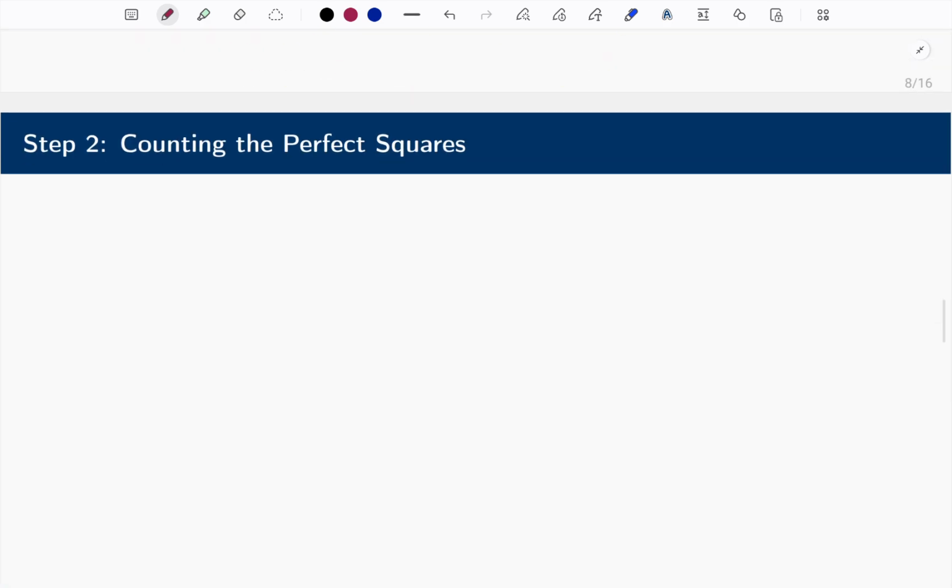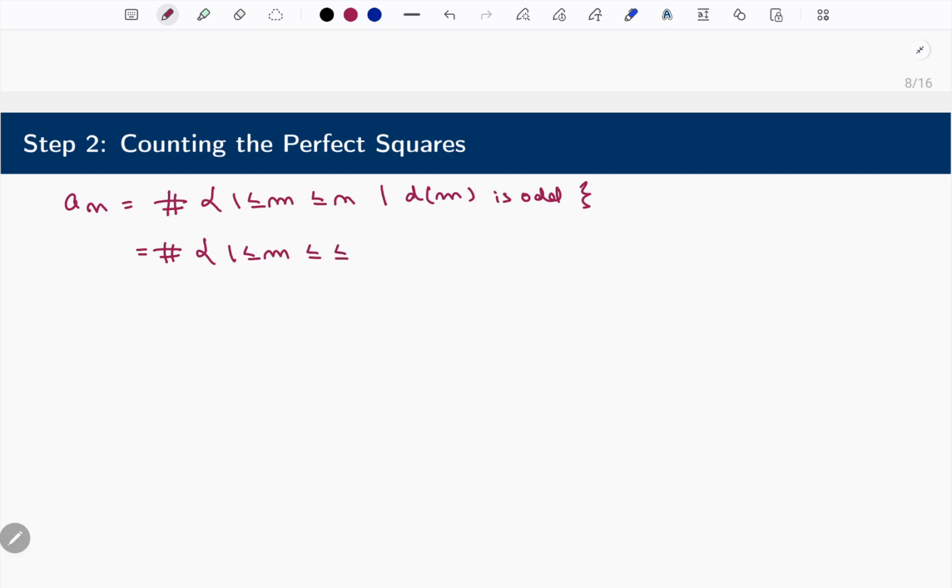Now finding an expression for a_n. So what was our a_n? a_n was the number of elements m, 1 less than or equal to m less than or equal to n, such that d_m is odd. And by our calculation, this is exactly the number of elements m, 1 less than or equal to m less than or equal to n, such that m is a perfect square.